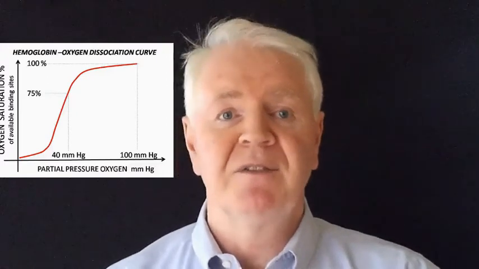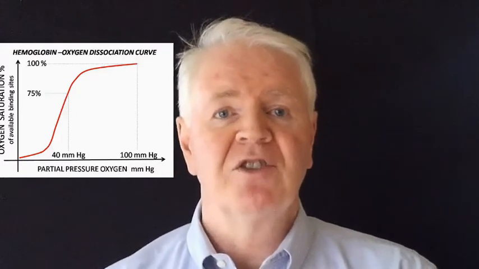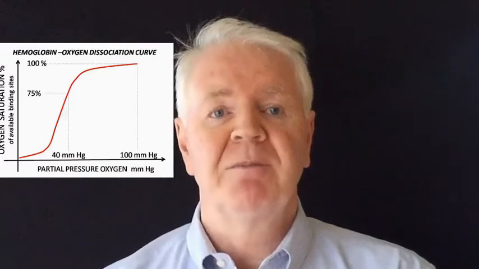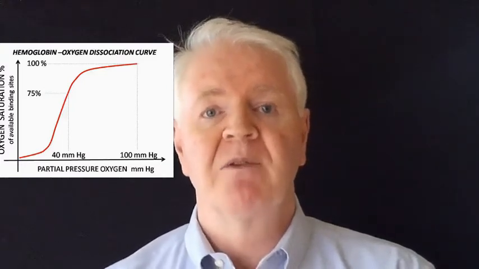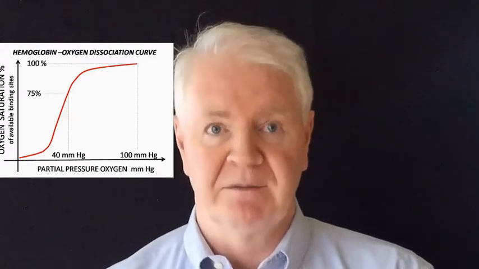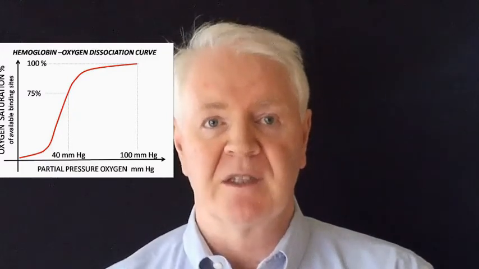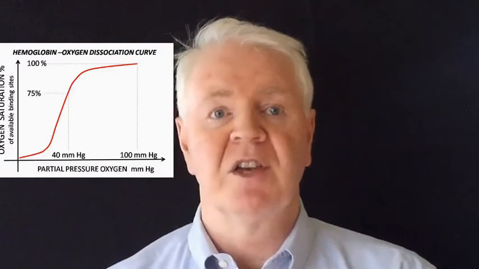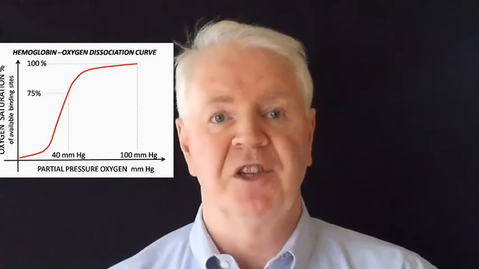Yes, 75. And this, of course, should remind us that the relationship between oxygen partial pressure and the resulting oxygen saturation of hemoglobin is not linear. In fact, we all know this. We know that the oxygen dissociation curve for hemoglobin is a sigmoid shape.